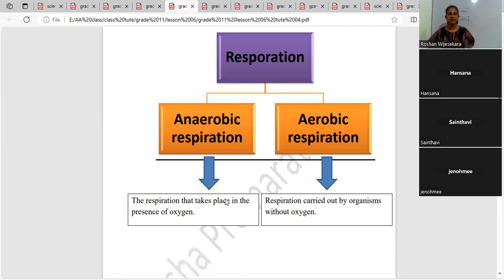Anaerobic respiration means respiration that takes place in the presence of oxygen. It is aerobic, okay? I think I swapped these two. Anaerobic means respiration carried out by an organism without oxygen. Anaerobic means without oxygen. Aerobic means with oxygen.